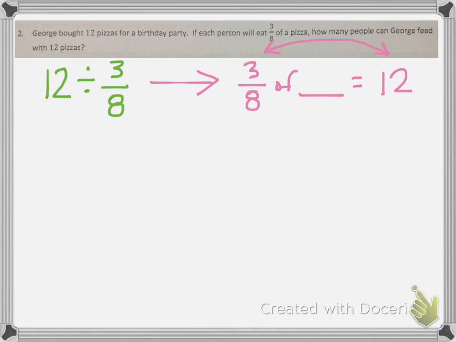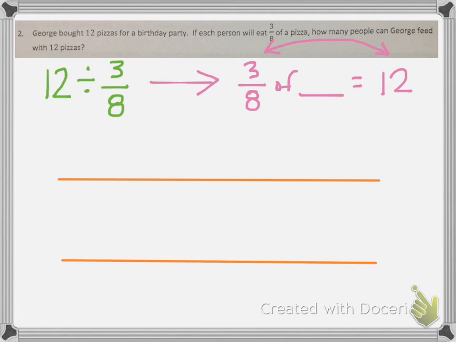So if we use a double number line, let me use my handy dandy straight line tool to make myself a double number line. I'll make myself a box here.